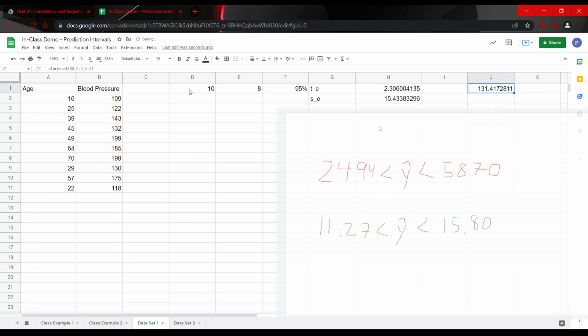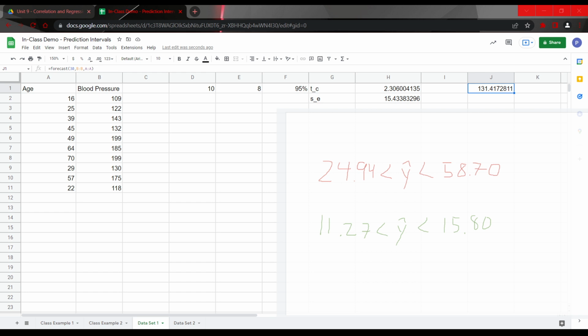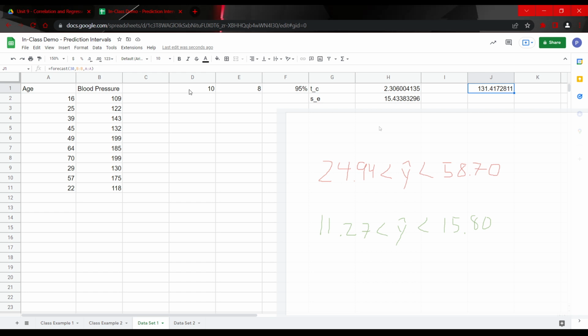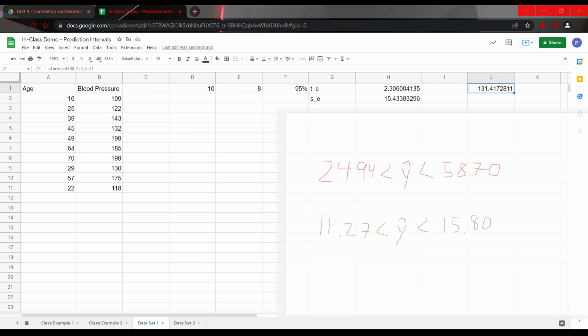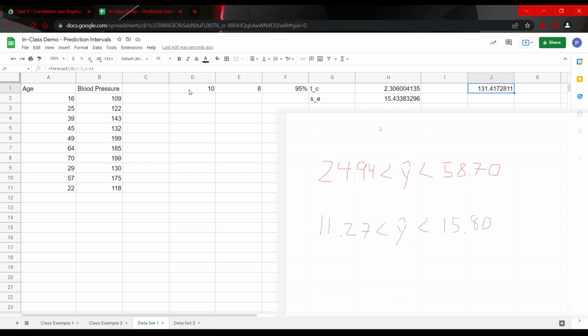Anyways, let me quickly do that. Forecast B30, BB, AA. So again, it's really difficult to say that a person will have an exact blood pressure of 131.4. It's usually more common that we're going to give a range of numbers, which is what we are going to do now. I'm going to go ahead and square all these.